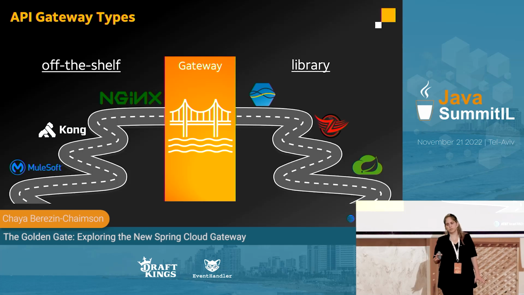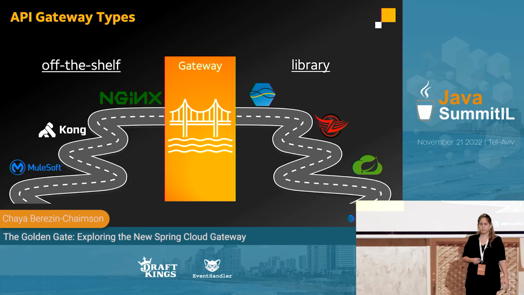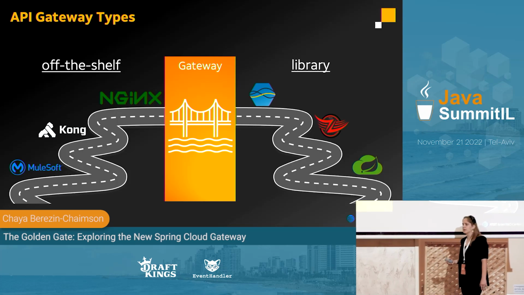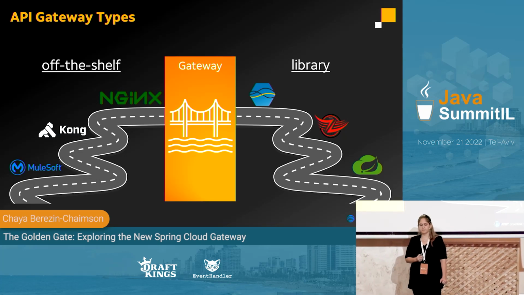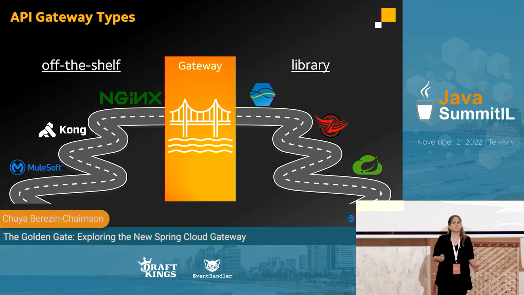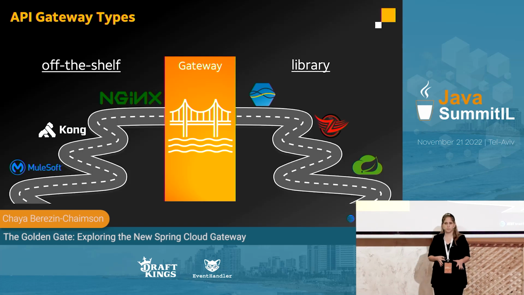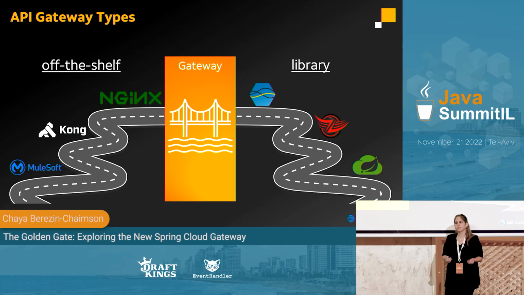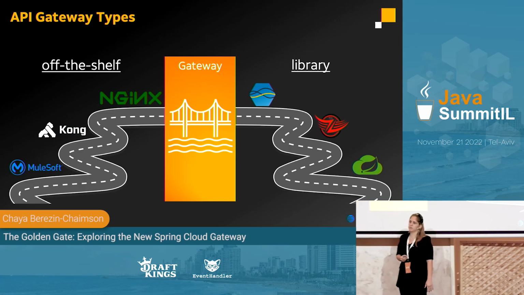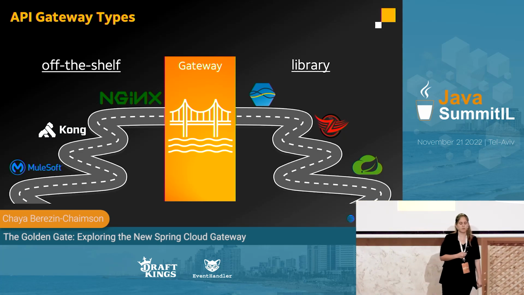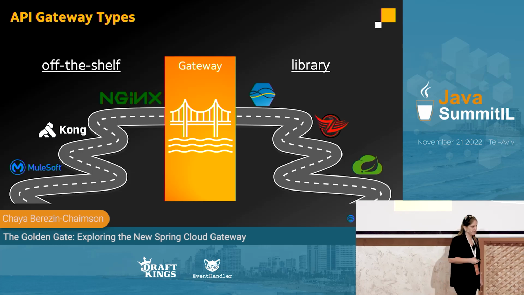Now, we didn't want to choose an off-the-shelf product because we had a requirement for some highly customized behavior that we wanted to implement. And we also wanted the developers to be able to implement this logic, and we wanted it to be developer-friendly, so that it will be easy for the developers to inject some customized behavior in this gateway component.